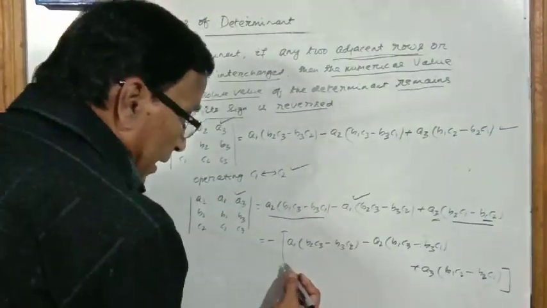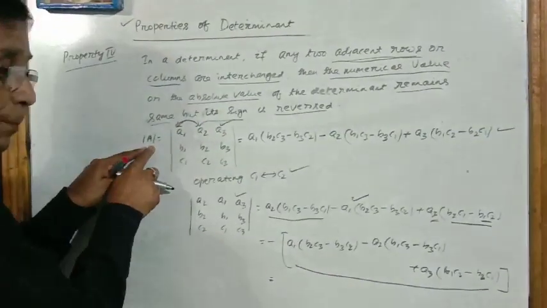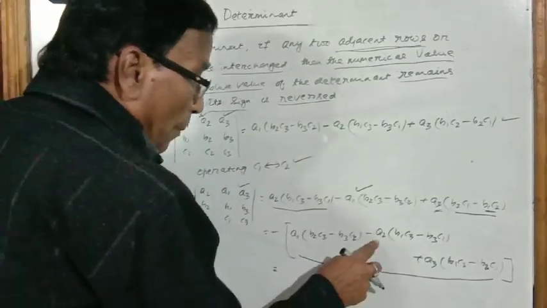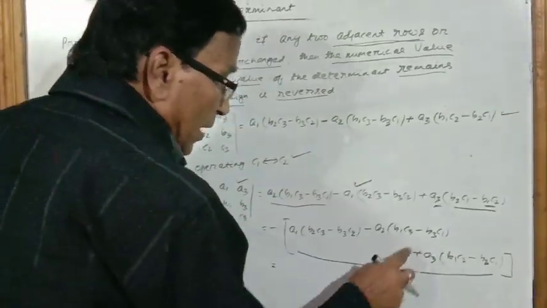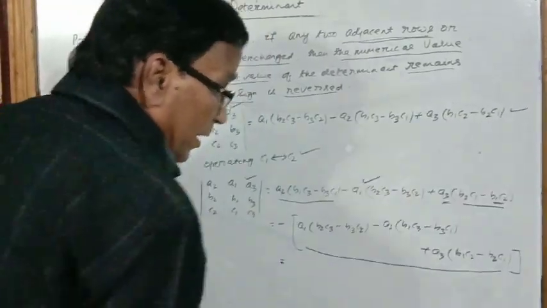So here you see, it is nothing but the determinant of A: A1 into (B2 C3 minus B3 C2) minus A2 into (B1 C3 minus B3 C1) plus A3 into (B1 C2 minus B2 C1).